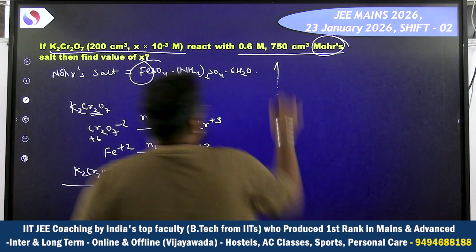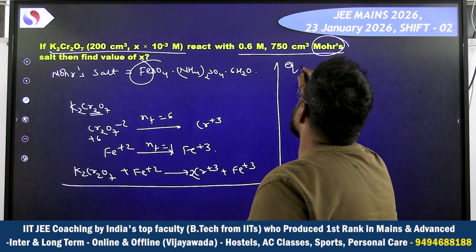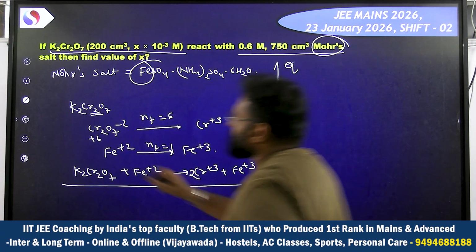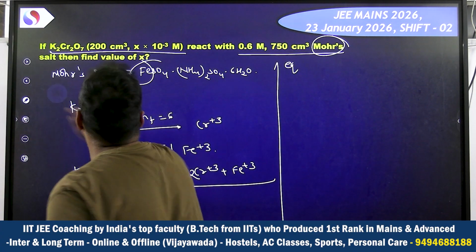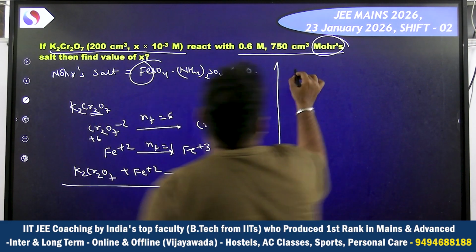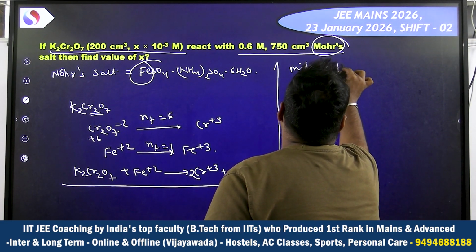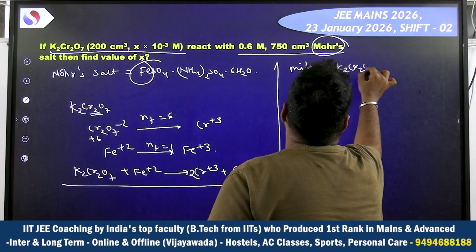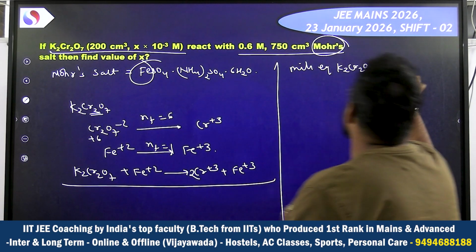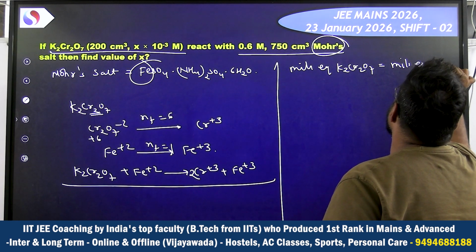Now the question is very simple. What we have to do is use milli-equivalents. Milli-equivalents of K2Cr2O7 should be equal to milli-equivalents of Fe2+.